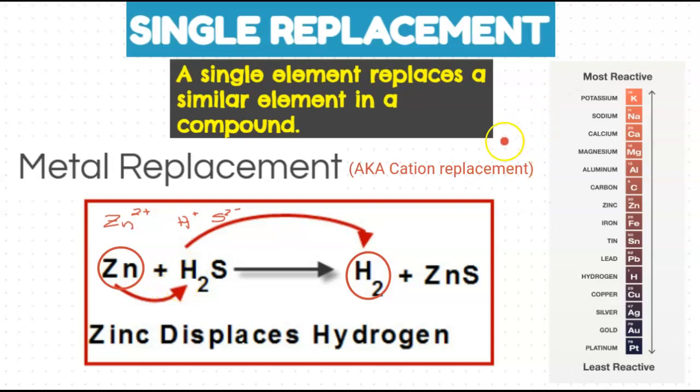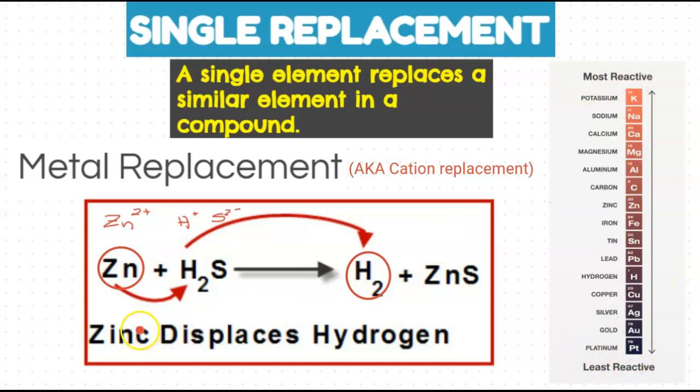The other thing that you will notice I have on the slide is a list of different metals. This is called the reactivity series. Now, this isn't complete, but it is a really good list of metals and their reactivity. The top of the list are the most reactive, and the bottom of the list are the least reactive.